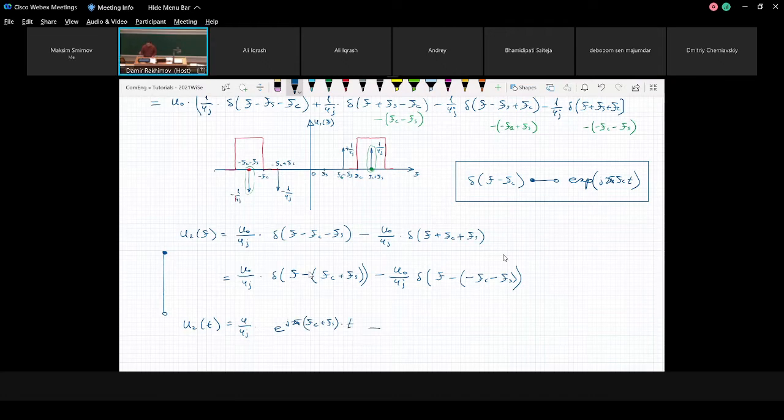And for the second delta pulse we have another exponential function in the time domain, for j times exponential function j 2 pi. Instead of writing minus Fc minus Fs, I will place a minus in front of the whole argument, Fc plus Fs times t.